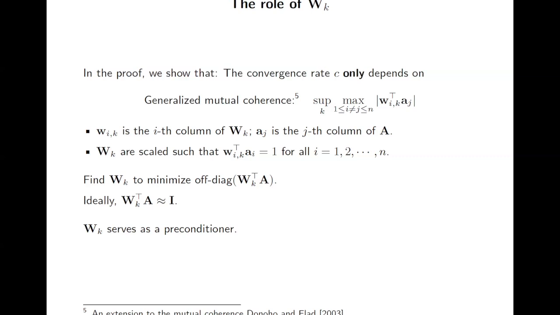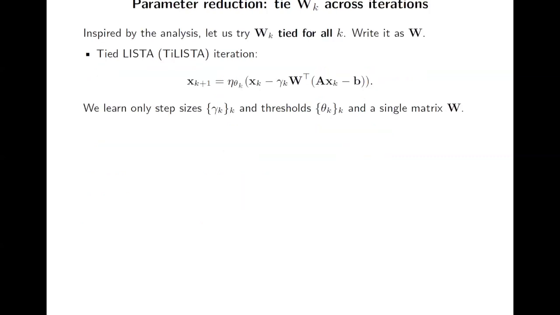To numerically validate our results, the first step is to use a uniform W^k for all k. We write it as W, and for flexibility, we introduce another scalar, gamma_k, before the W here. It is called tied LISTA.